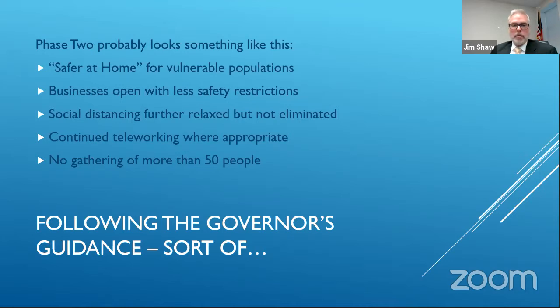There would still be a recommendation to continue teleworking where appropriate, but that the number of folks that could gather might be increased to 50. Again, these are some assumptions that we're making, and they don't come from the governor's office, but we're trying to anticipate what a phase 2 might look like.